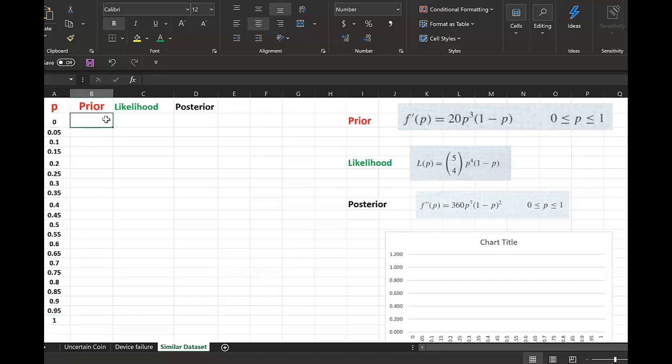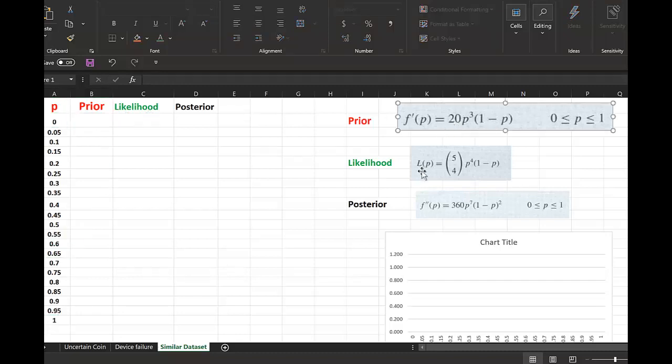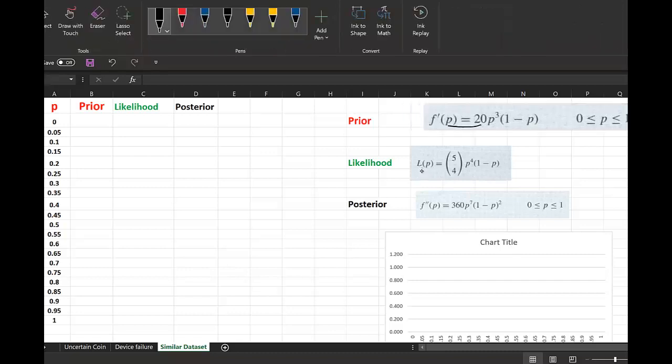Now for the prior distribution, the function we have is 20 p^3 (1 minus p). So let's calculate the prior distribution first.